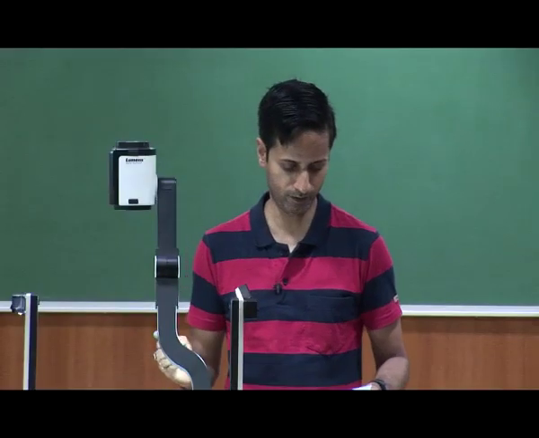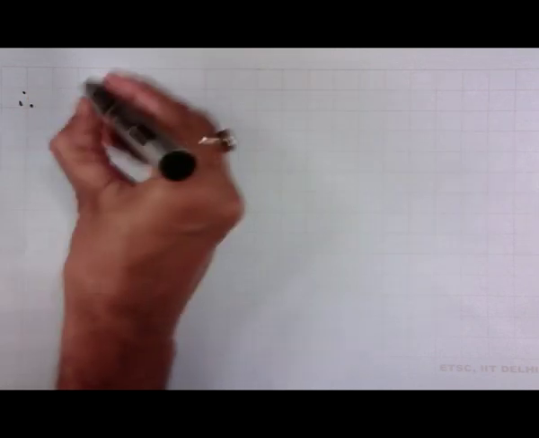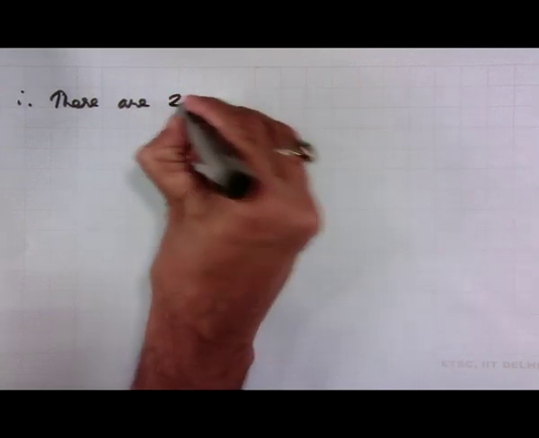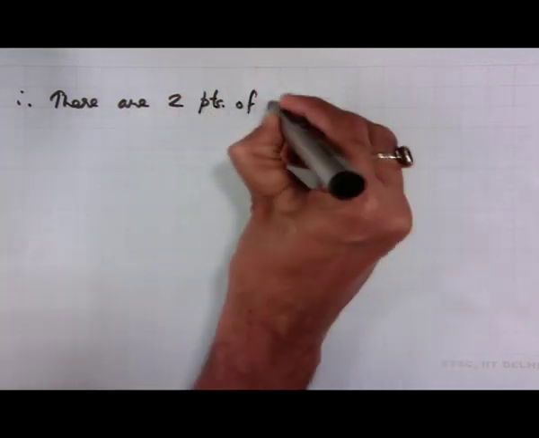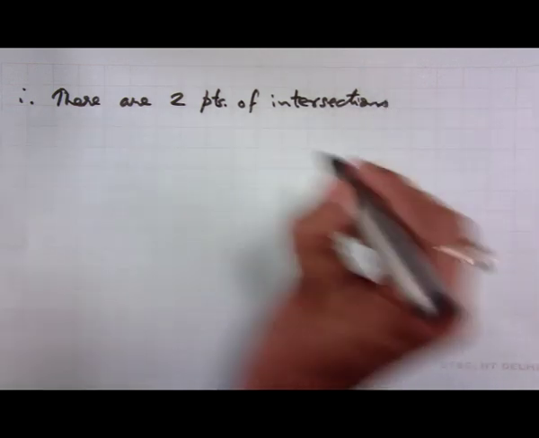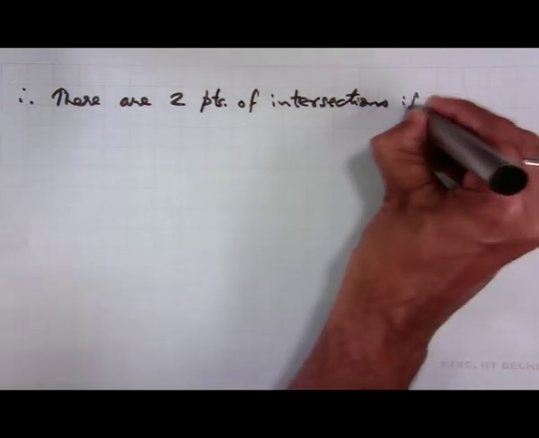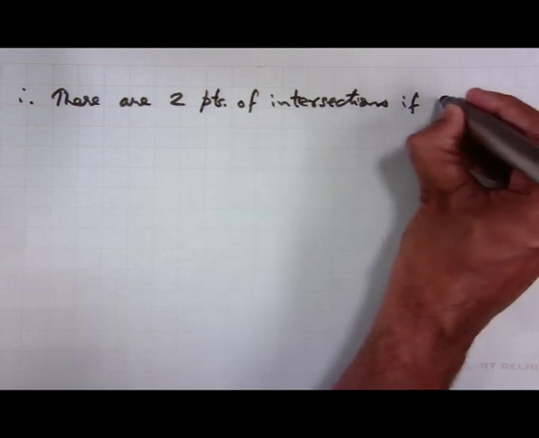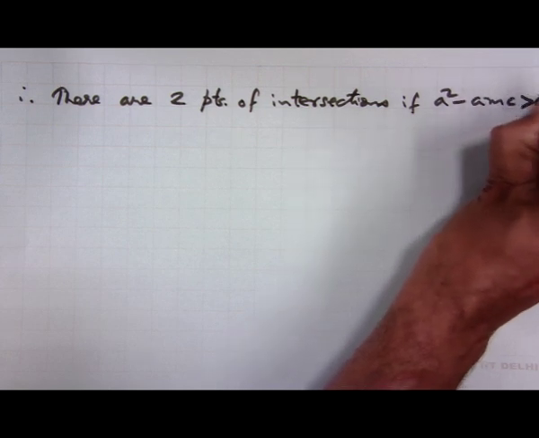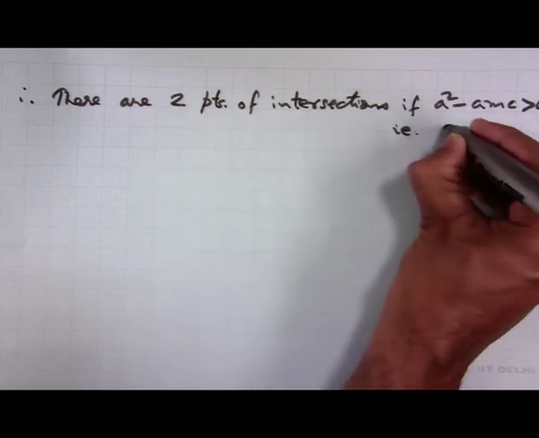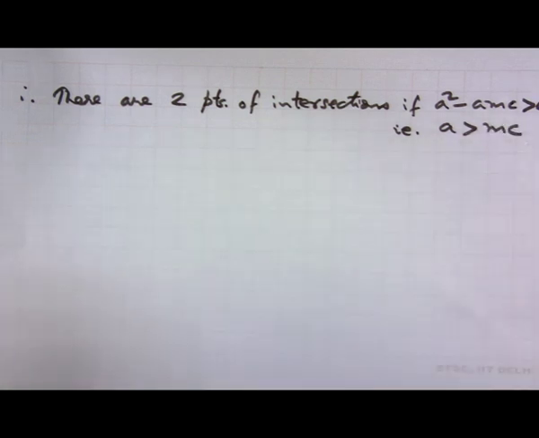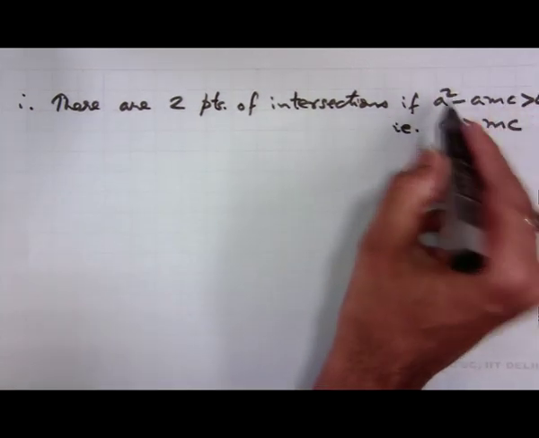So, therefore, there are two points of intersection if a square minus a m c is greater than 0, that is a is greater than m c. So, this is the condition when discriminant is positive.